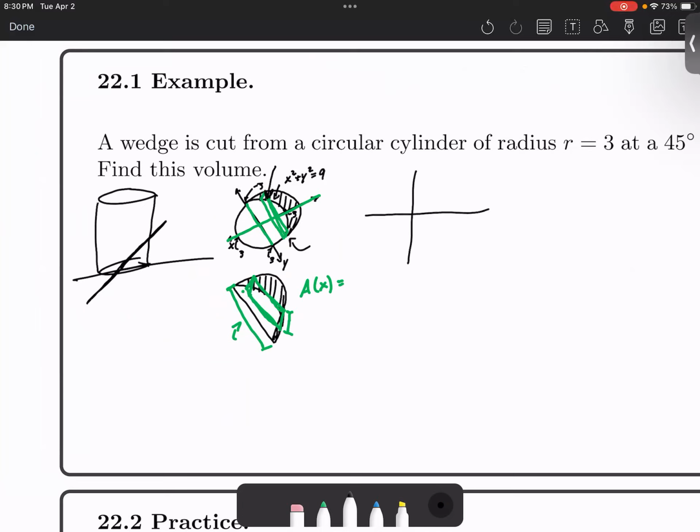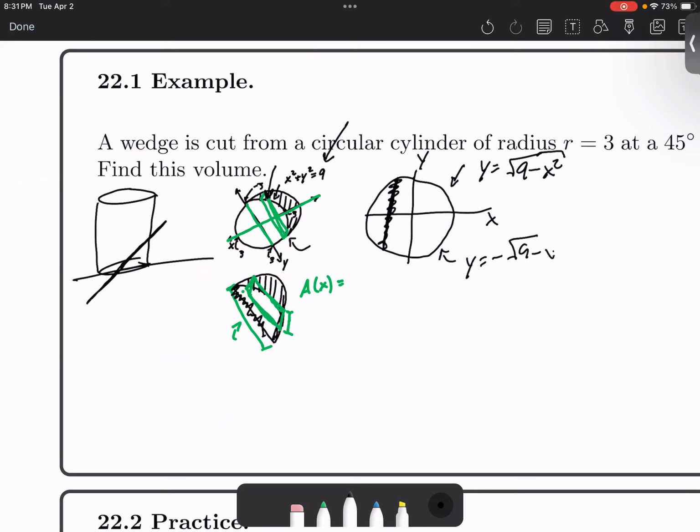So let's draw that xy plane. There's my x-axis, there's my y-axis, circle of radius 3. The length of these rectangles, in this direction, is this length. So we're going to integrate from the top curve, which is y equals plus the square root of 9 minus x squared, just by rearranging this equation, to the bottom curve, y equals minus the square root of 9 minus x squared.